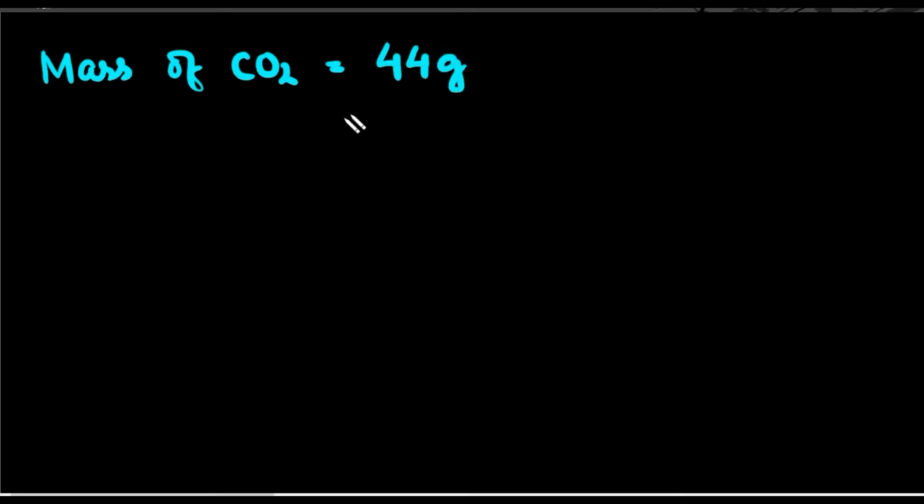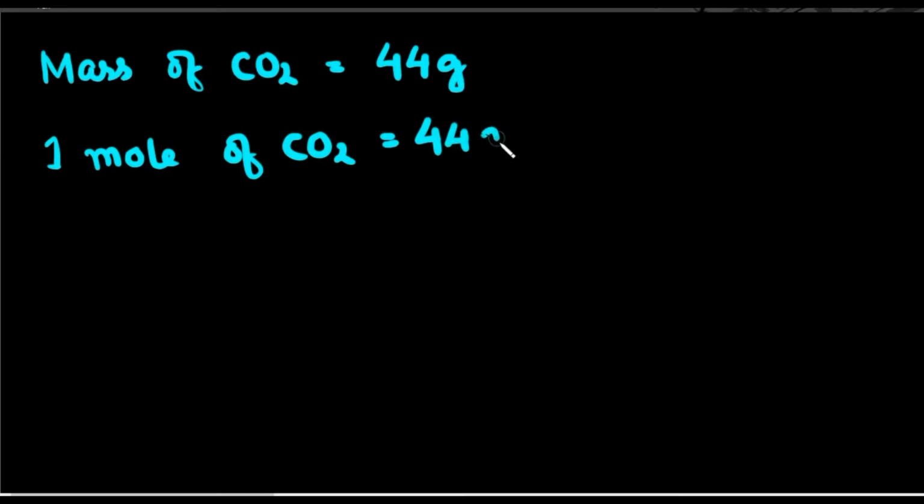So next, number 2, the mass of a molecule of carbon dioxide. So the mass of a carbon dioxide molecule is equal to 44 gram, or we can say that 1 mole of carbon dioxide is equal to 44 gram, or 6.02 into 10 to the power 23 molecules.